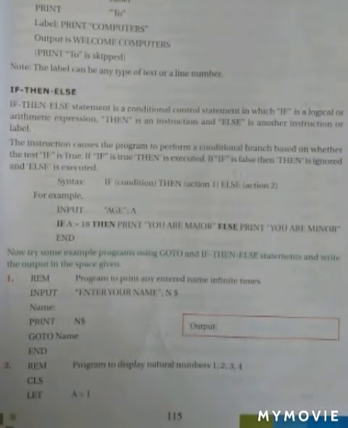If then else statement. The if then else statement is a conditional control statement in which if is a logical or arithmetic expression, then is an instruction, and else is another instruction or label. In the if then else statement, अगर हमारा इफ़ की जो कंडीशन है वो ट्रू होती है तो देन की एक्शन परफॉर्म होगा, बट इफ़ अगर हमारा इफ़ का कंडीशन फॉल्स हो जाती है तो देन के क्लॉज को इग्नोर करके हम एल्स के एक्शन को एग्जीक्यूट करेंगे.